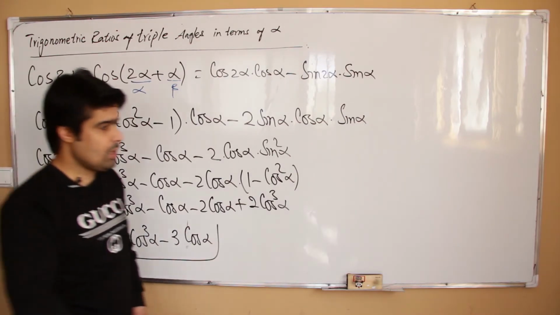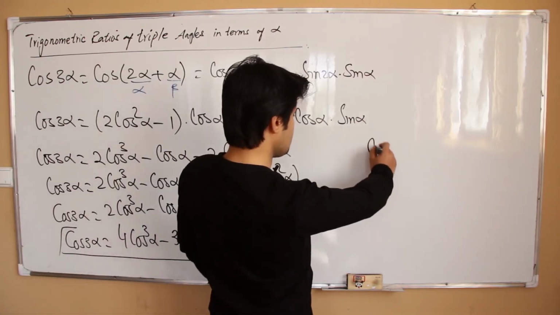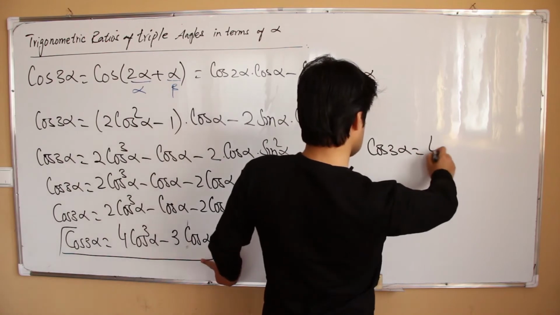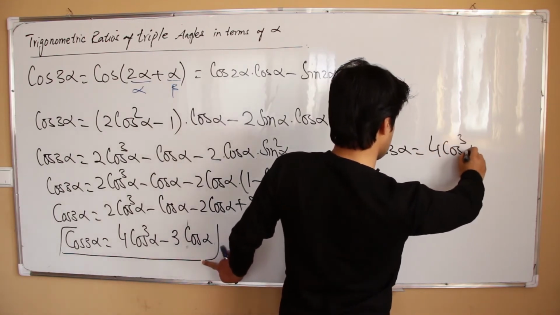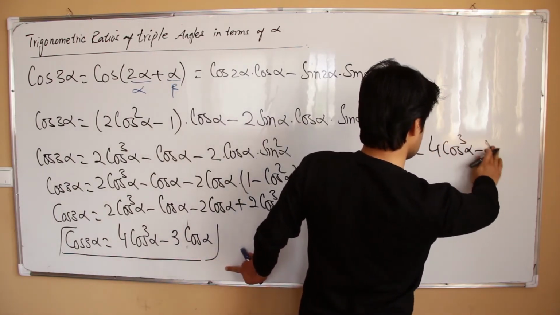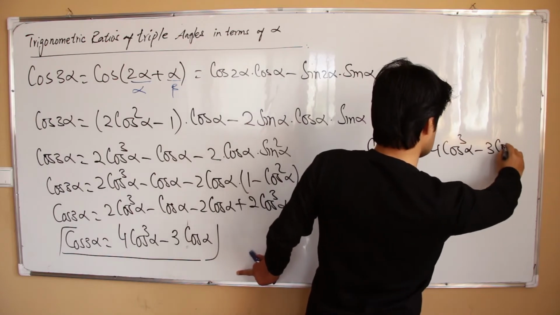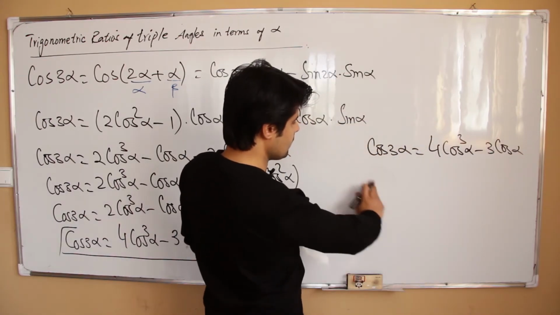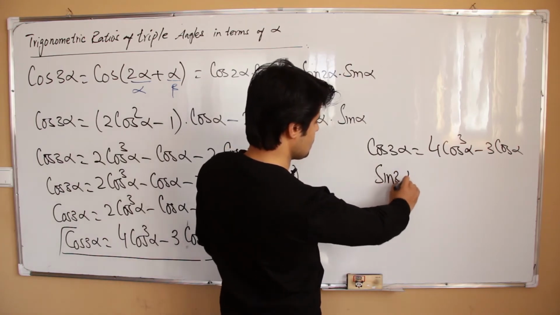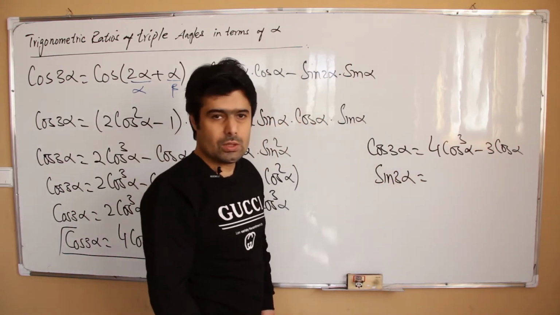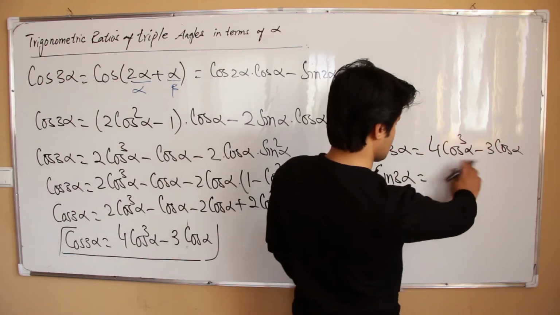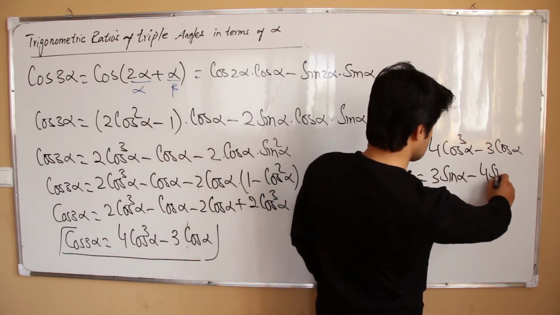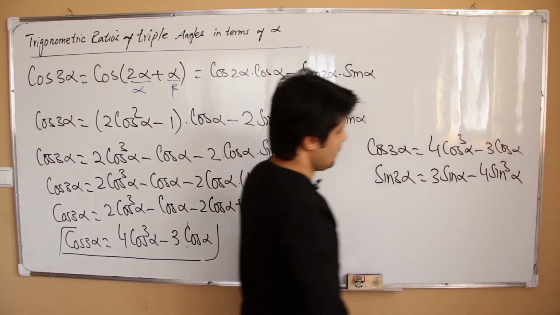Now one thing you have to know: for cosine of 3 alpha, what's the formula? 4 cosine cube alpha minus 3 cosine alpha. What's the formula for sine of 3 alpha? I proved it. I think there was just a change: 3 sine alpha minus 4 sine cube alpha.